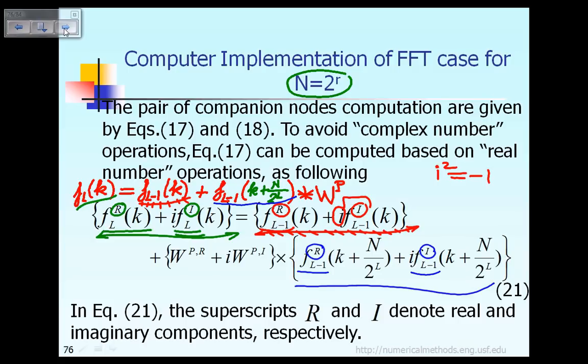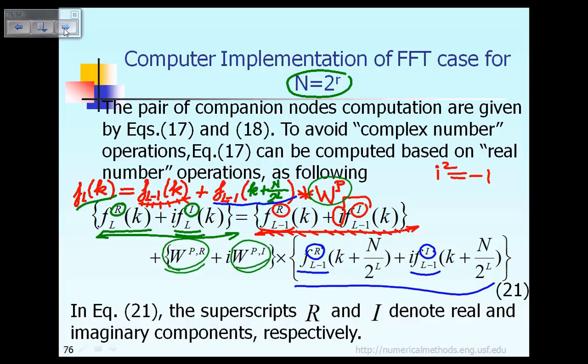And then finally, even the so-called W raised to the power P, that is a complex number, but that complex number can be expressed as WP corresponding to the real part R, and this guy here is WP corresponding to the imaginary part capital I. So in this way, again, WPR and WP capital I, they are all real numbers.